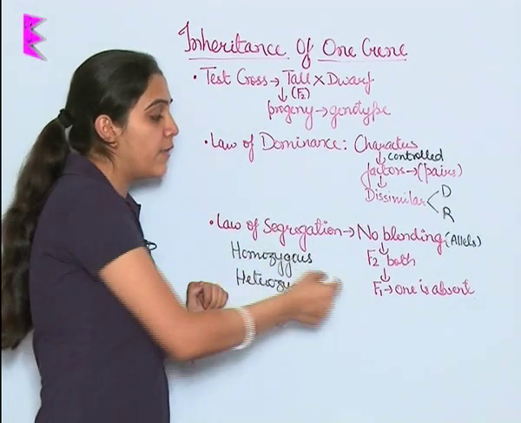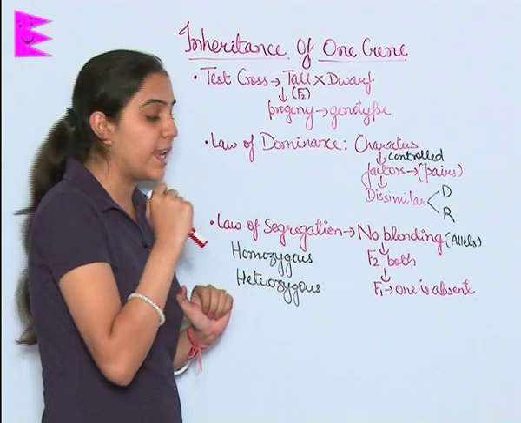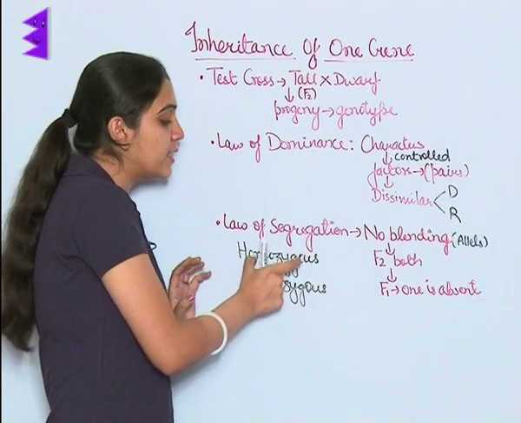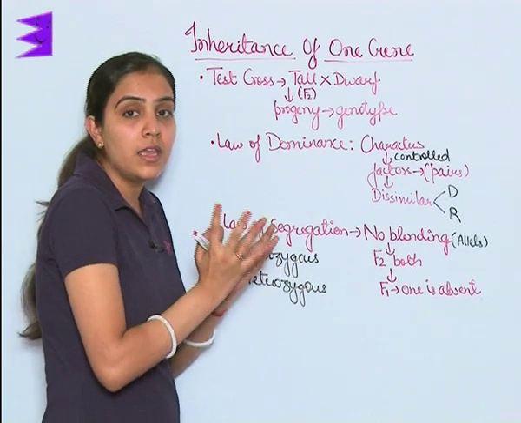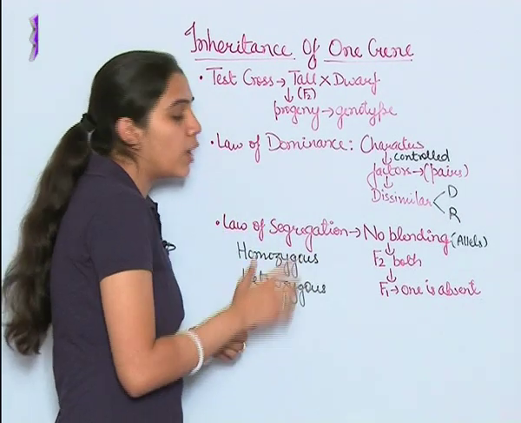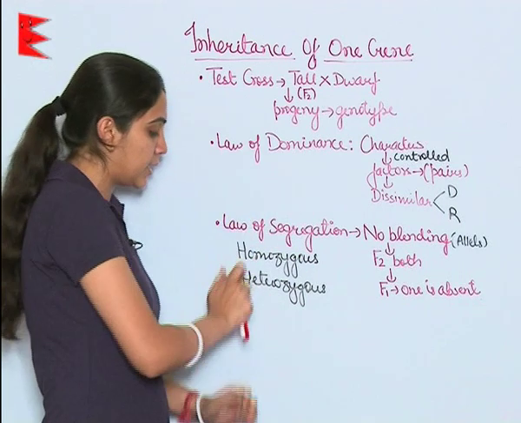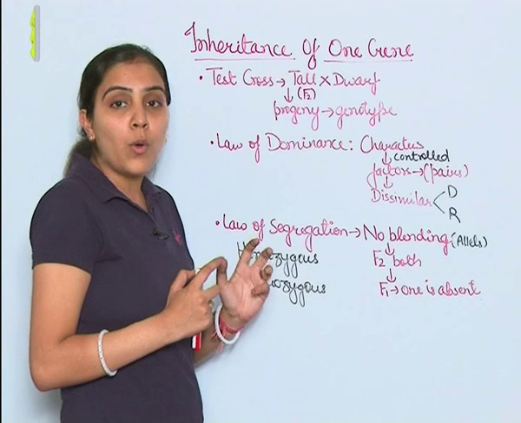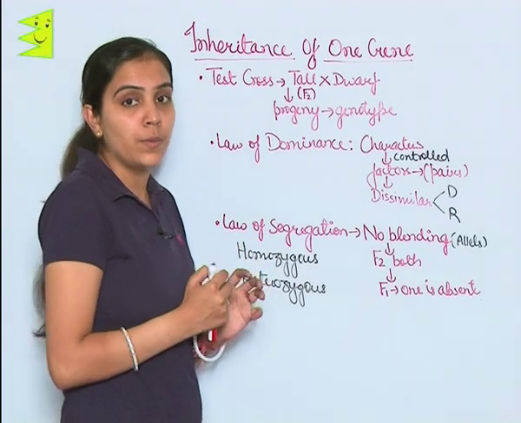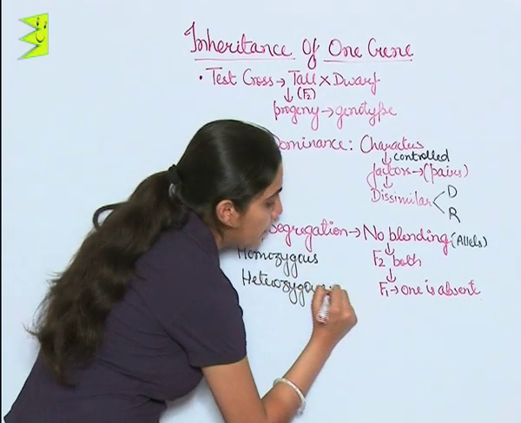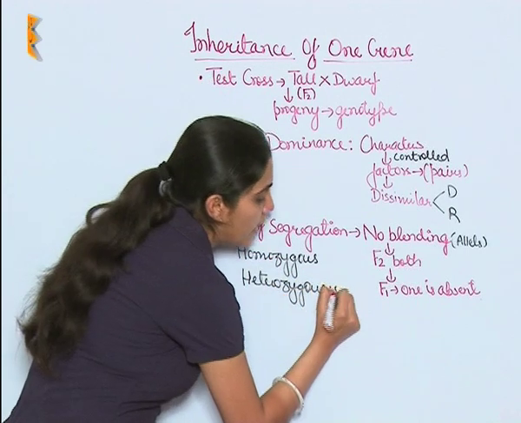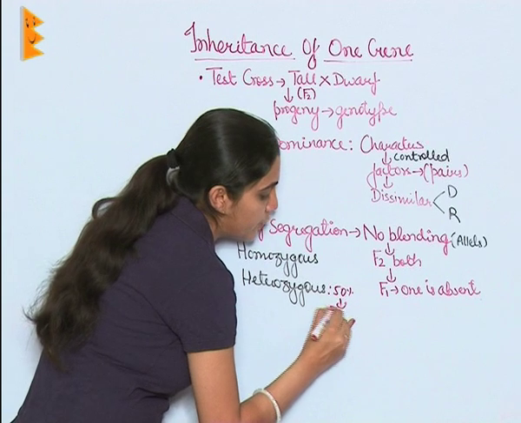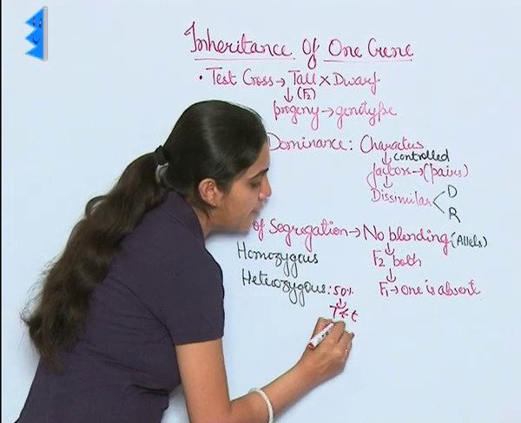When homozygous gametes are there, only one trait or character is present. But in the case of heterozygous gametes, both traits are present in equal proportion. As it is a random division, there are 50% chances, that is, 50 of them will have tall and 50 of them will have dwarf.